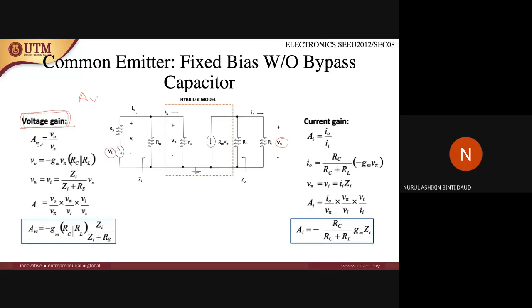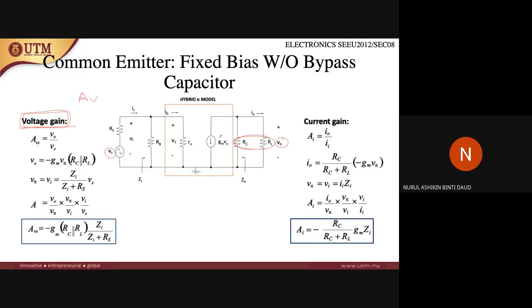Next, to find the output voltage, it is minus gm V pi times RC and RL in parallel. It means that you have to calculate these two total resistance first, since they are connected in parallel.